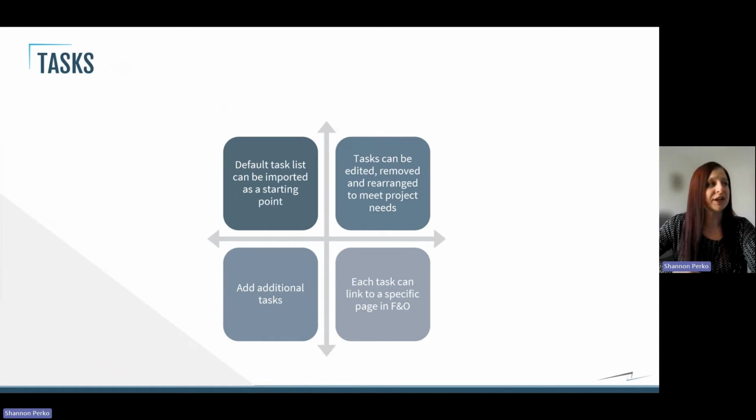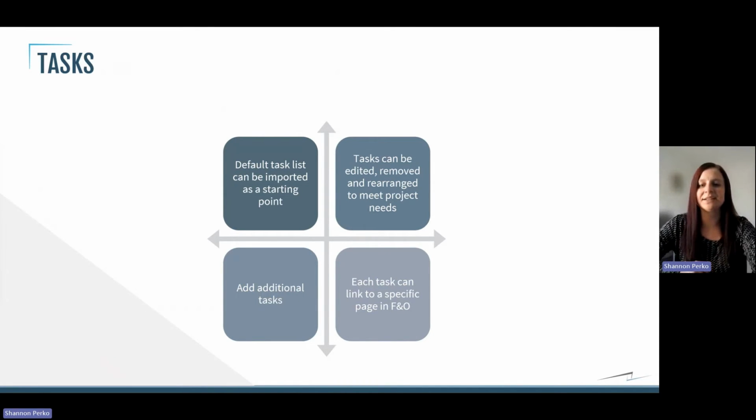So within each project, we're going to see a list of tasks. Now, this task list could be completely created from scratch, or we could import Microsoft's default task list as a starting point. From that task list, you can edit, remove, rearrange, add more context, whatever you need to do to those tasks to make them make the most sense for your business and project needs.